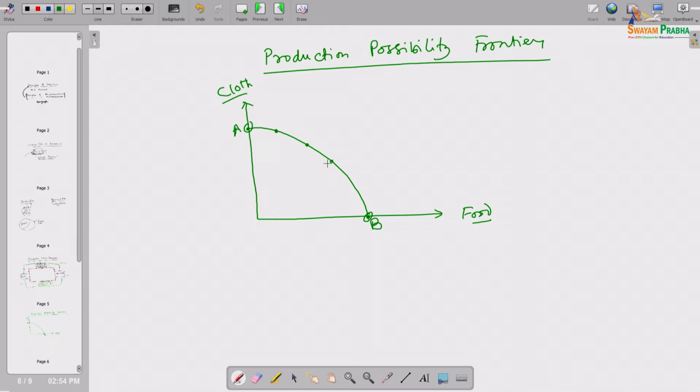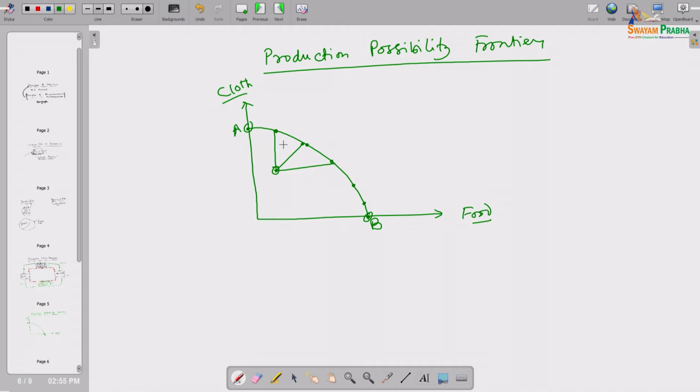Mind that so long as this society is able to generate any point on that frontier, the outer boundary, that society is efficient. It can generate this point, this point, or any point on that side.